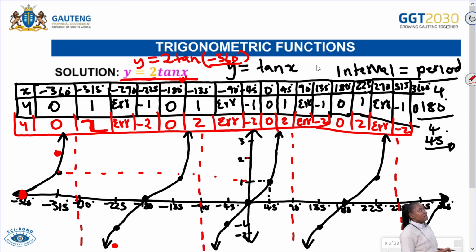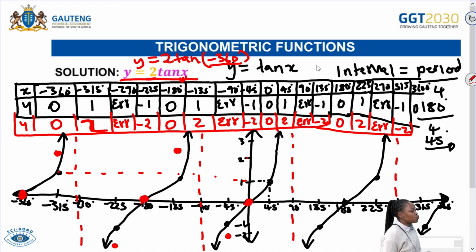And then at negative 180, I'll have 0. And then at negative 135, I'll have 2. And then at negative 90, I'll have math error. And then at negative 45, I'll have -2. And then at 0, I have 0.